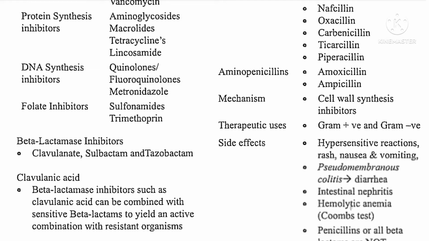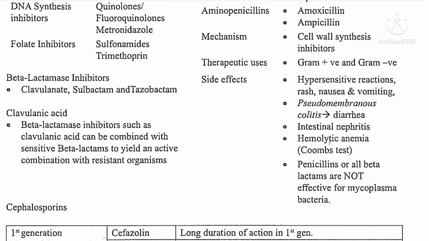These are some beta lactamase inhibitors which ultimately increase the activity of these penicillins. The main side effects of penicillin are pseudomembranous colitis, symptomized by diarrhea, interstitial nephritis, and hemolytic anemia, which can be seen by the Coombs test. Penicillin and all beta lactams are not effective against mycoplasma bacteria. So this is basically the trick point.